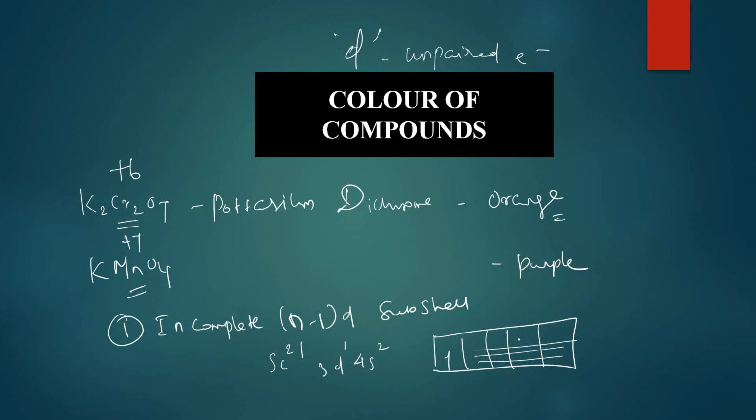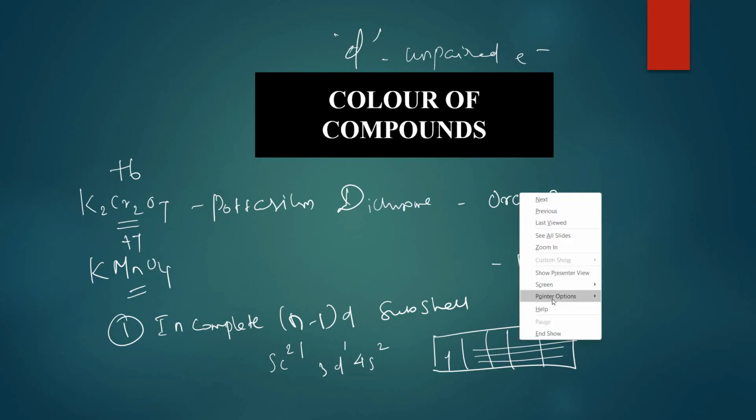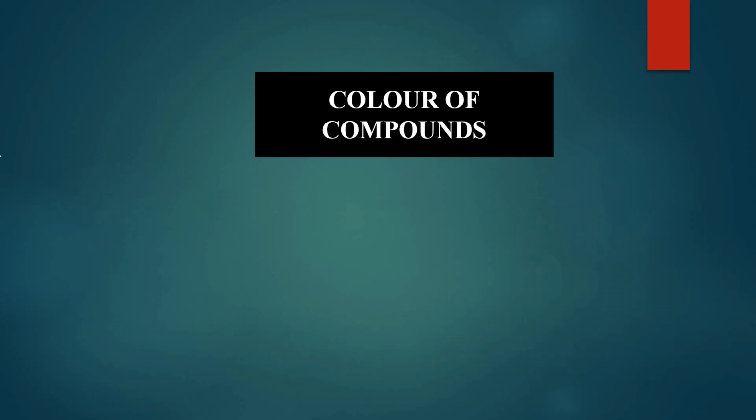Let me write it on the same slide so that you can easily note down. Reasons for color of the compounds. First one, incomplete d orbitals.